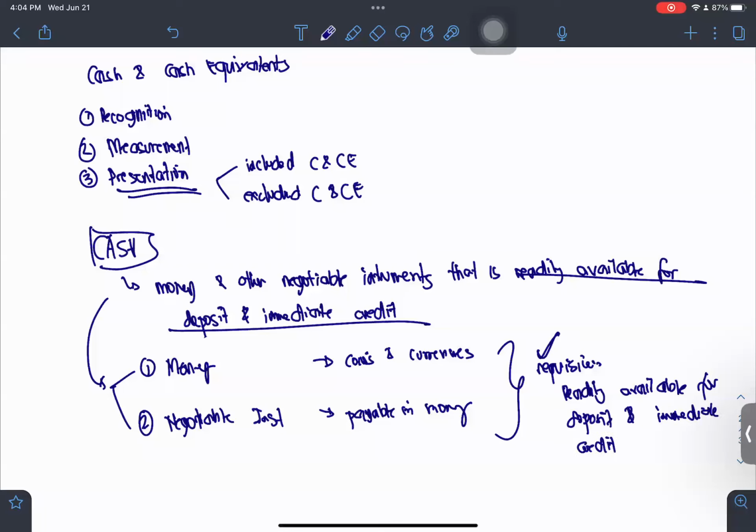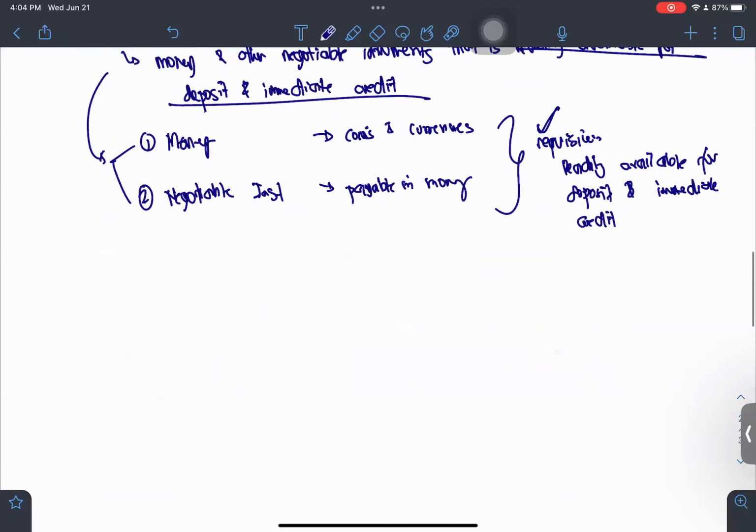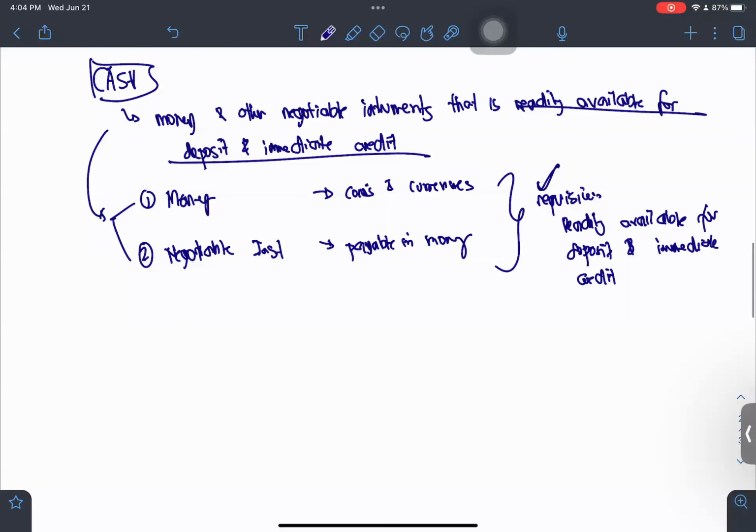Therefore, whenever we define cash, cash is defined as money and other negotiable instrument that is readily available for deposit and immediate credit. You look into whether that money or negotiable instrument is really readily available for deposit and immediate credit. Now, if this is met, then it is part of cash and cash equivalent. But if that is not met, then it is not part of cash and cash equivalent.